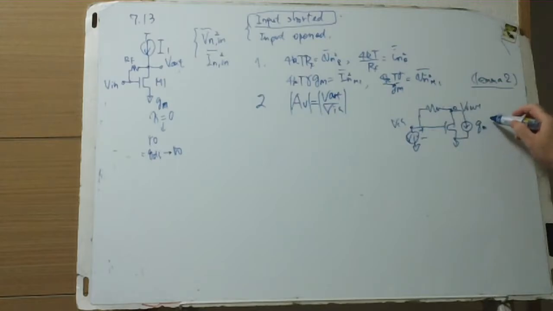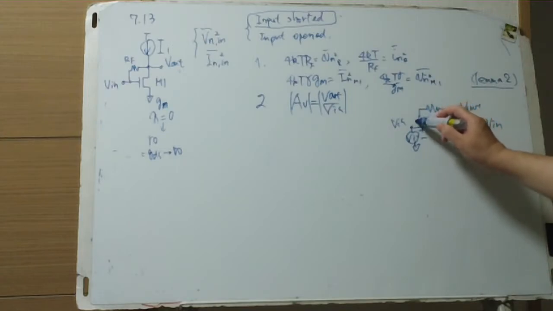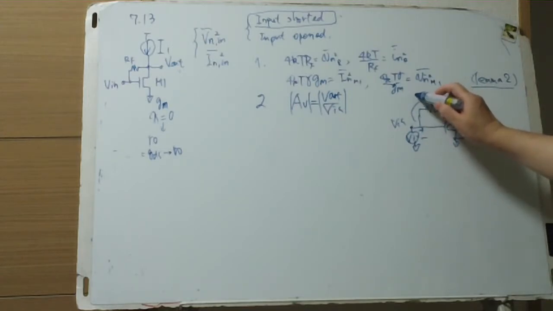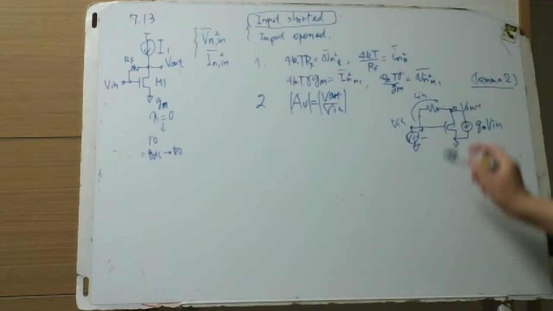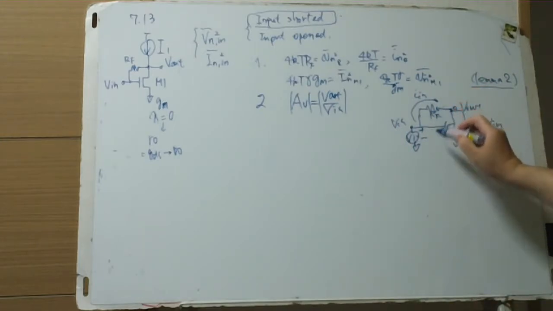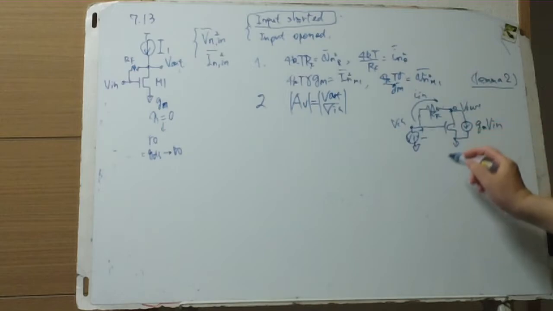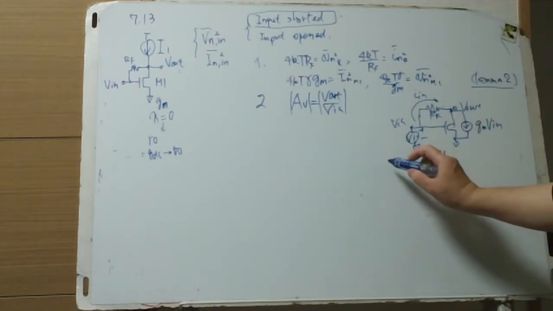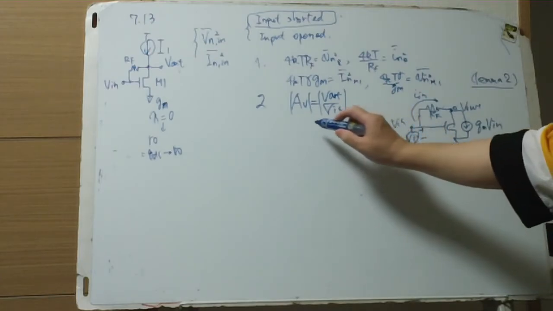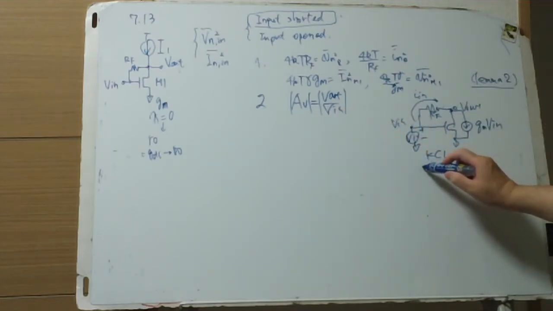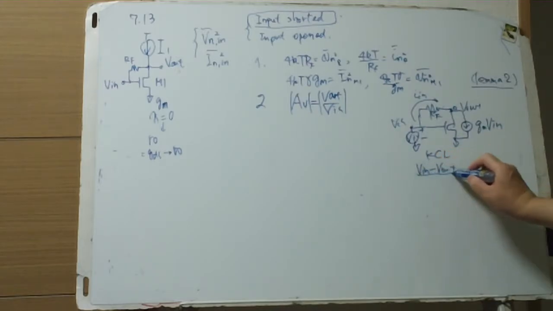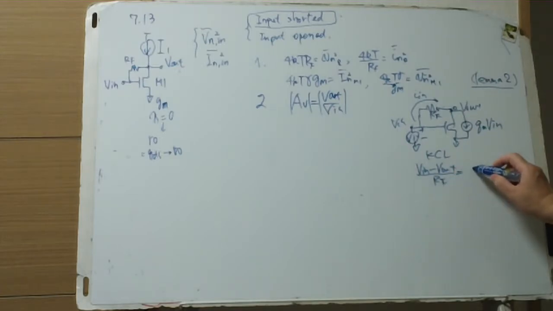The value is gm V in, and if input current I is defined in this direction, this is RF, the KCL, Kirchhoff's current law, is written as this, V in minus V out divided by RF equals the same gm V in.